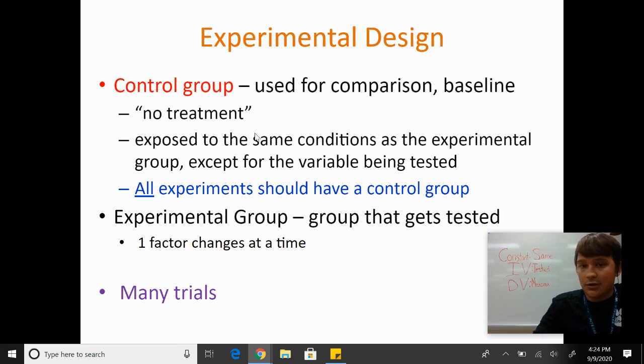It's exposed to the same conditions, same soil, same holding device, same amount of soil, except for the variable being tested, which was the amount of water. Very important, all experiments should have a control group. Experimental groups are something we're going to be changing, which in this case was the amount of water, whether it was more or less than the 150 milliliters of water recommended.